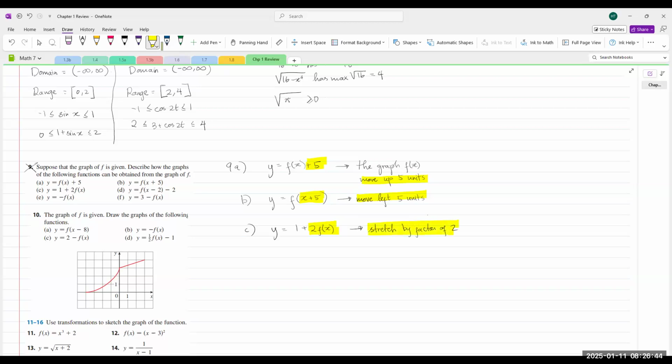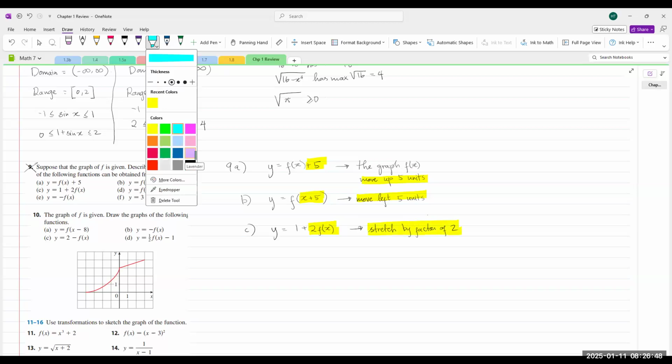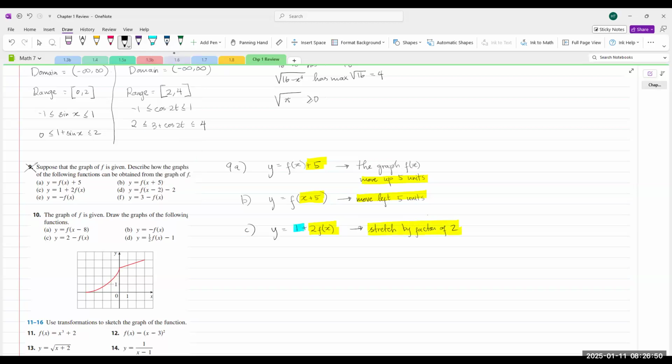And then the plus 1 will move it up 1 unit.